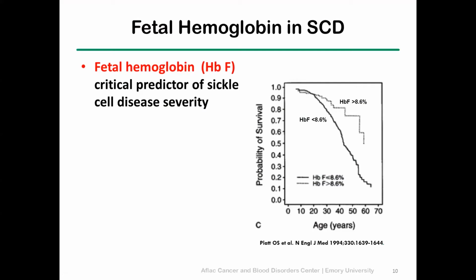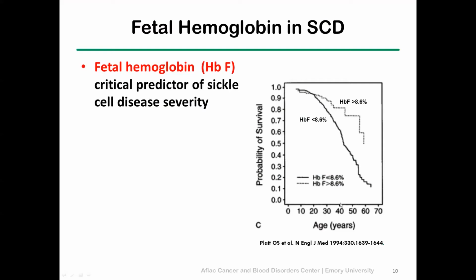Now, this is not treated with hydroxyurea. This is just individual variation. And so this shows over time. Up here, 1 is 100%, and this shows the percentage of individuals who are surviving at these different ages.